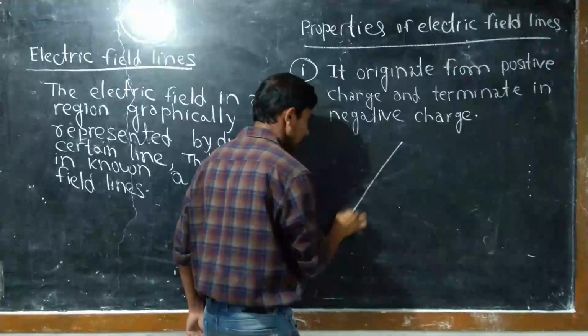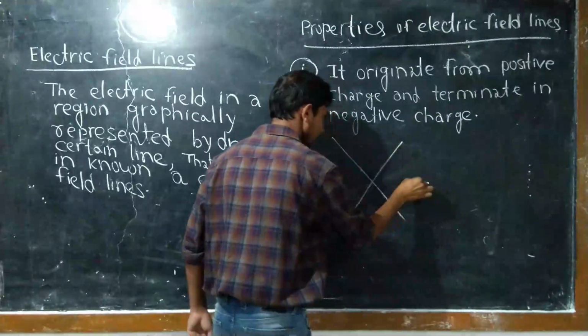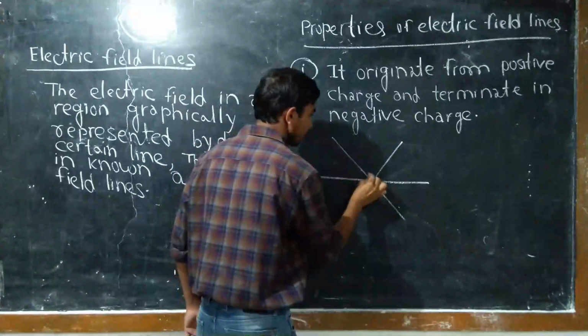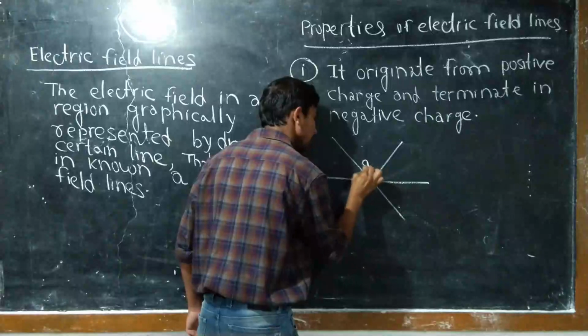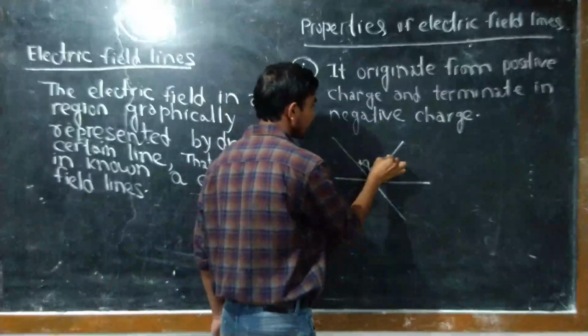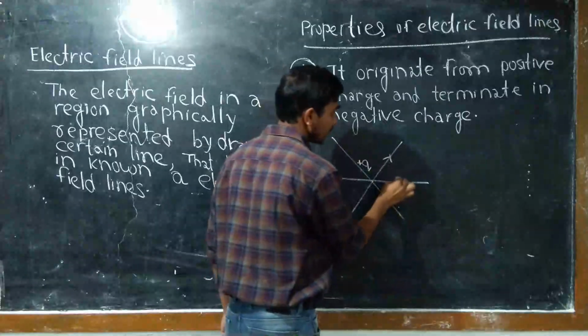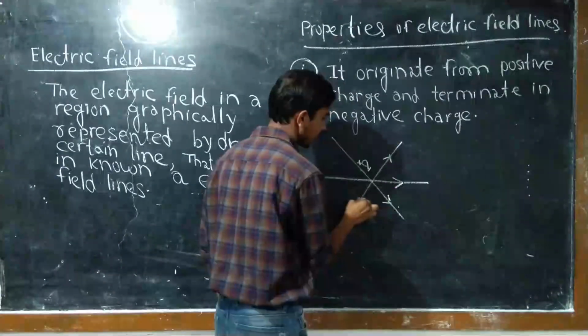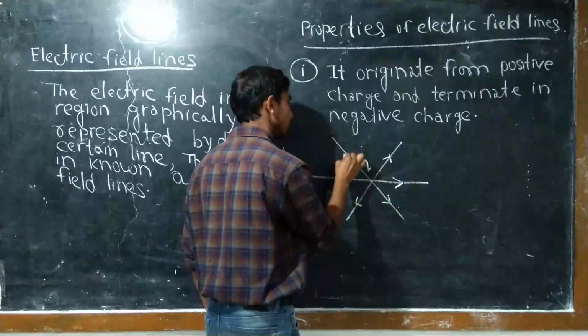You can see here, suppose this is your positive charge plus Q. So electric field lines will originate from this one, like this.